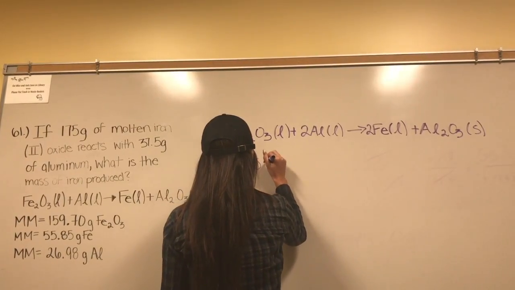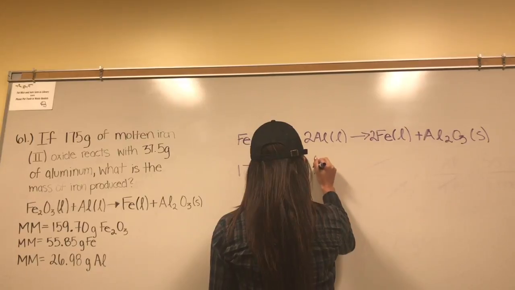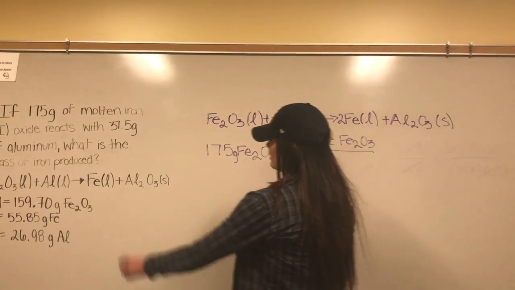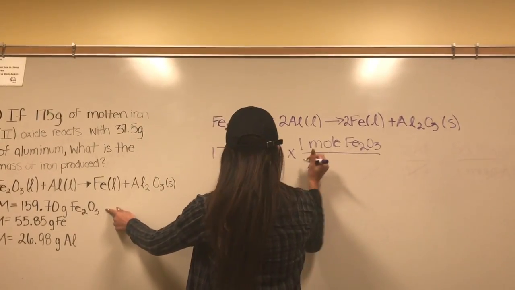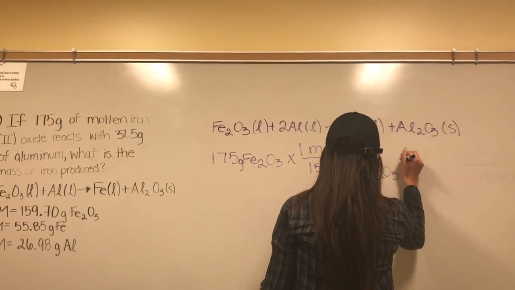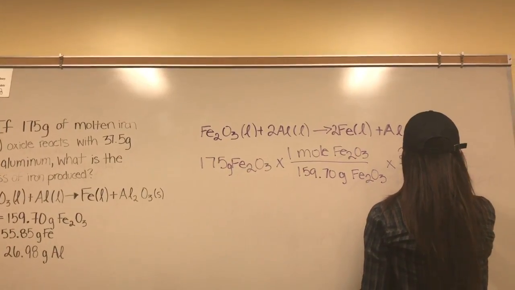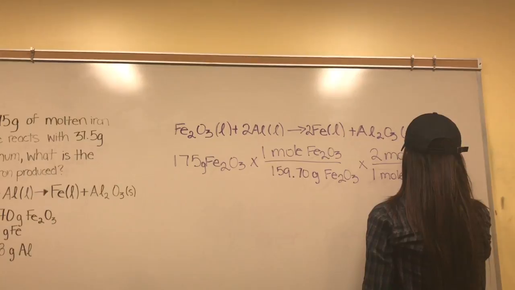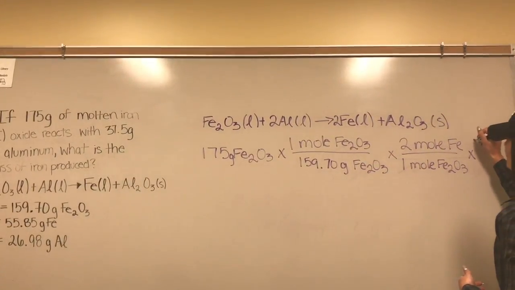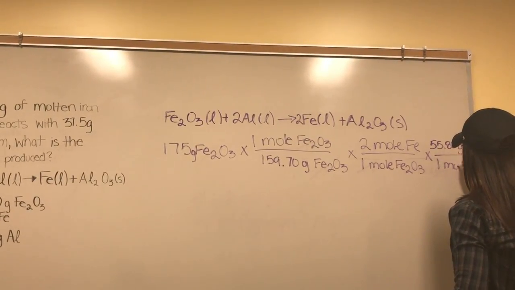So 175 grams of Fe2O3, don't forget the grams, times 1 mole of Fe2O3 over the molar mass of molten iron(III) oxide, which is 159.70 grams Fe2O3, times 2 moles of Fe and 1 mole of the Fe2O3, because we have to cancel out the mole, times the mass of iron, which is 55.85 grams Fe, because we're going to want to end with this, over 1 mole of Fe.